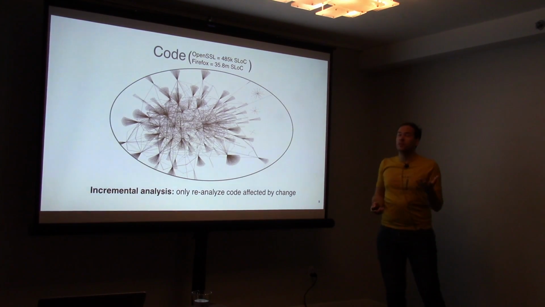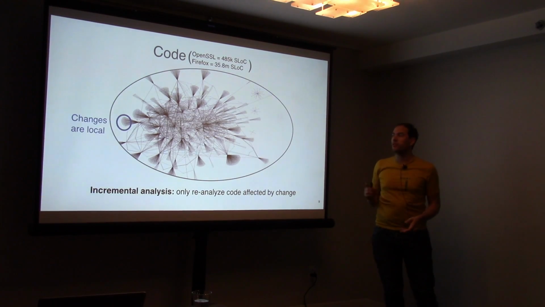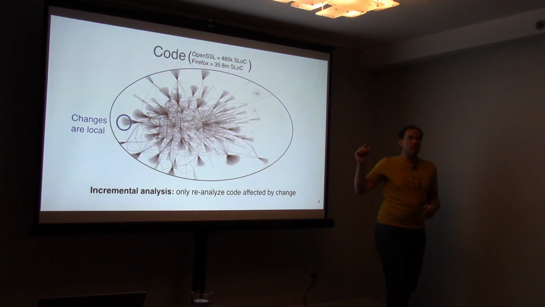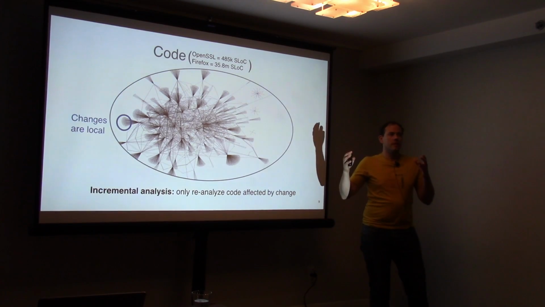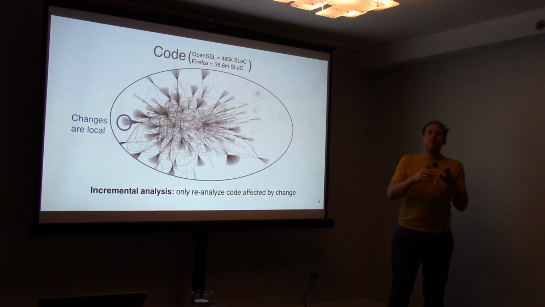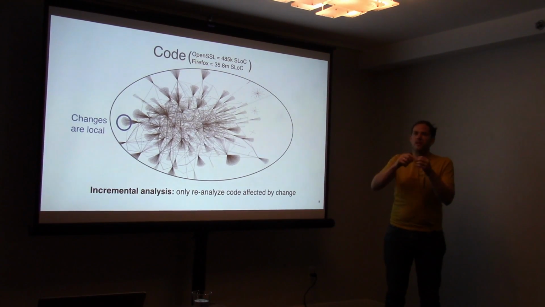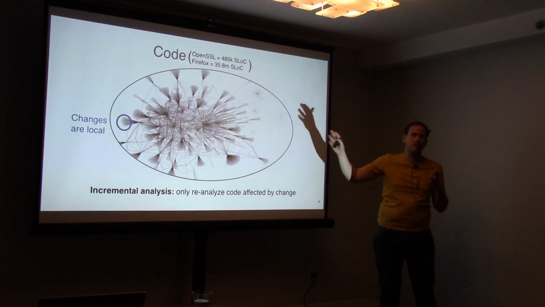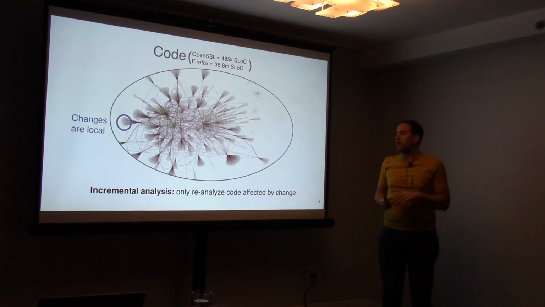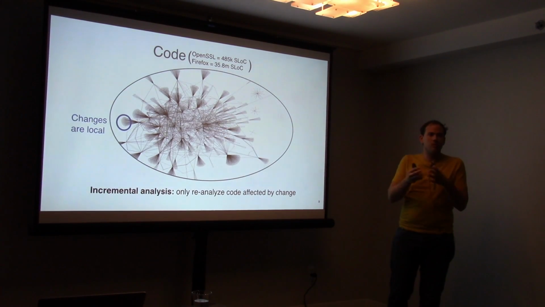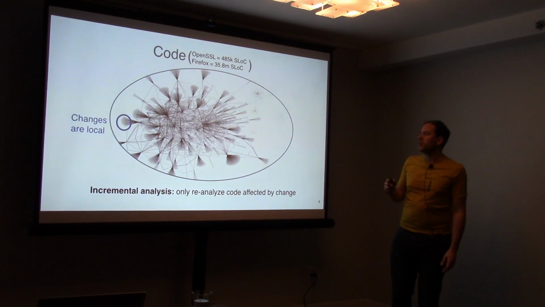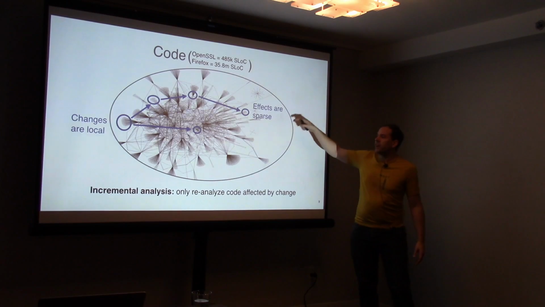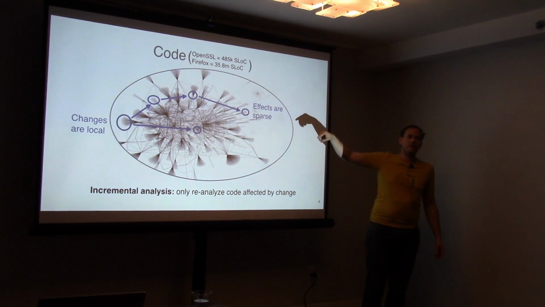And from our experience, that's a successful strategy because of two things. First, changes are typically relatively local. It's very rare that a developer makes a change to a project, like a commit to a repository, that actually affects everything or a large part. Typically, these changes are relatively encapsulated into one module or one package or one library. The second is that the effects of these changes are typically sparse.